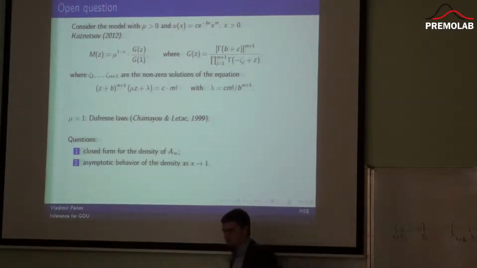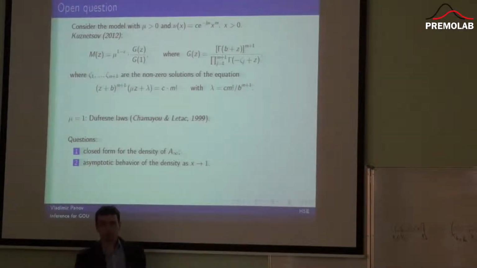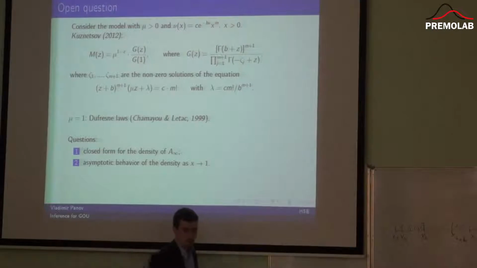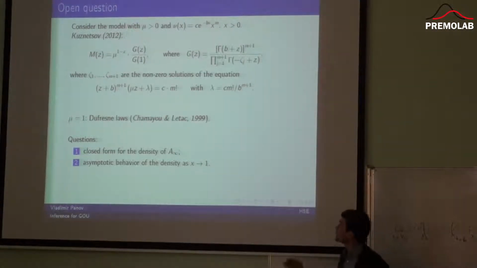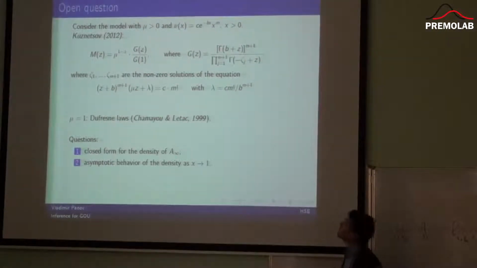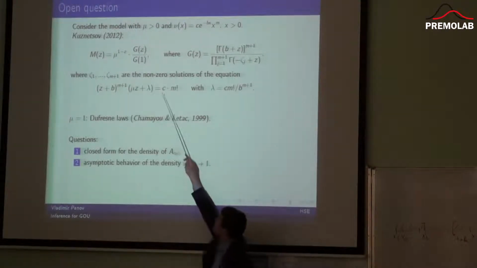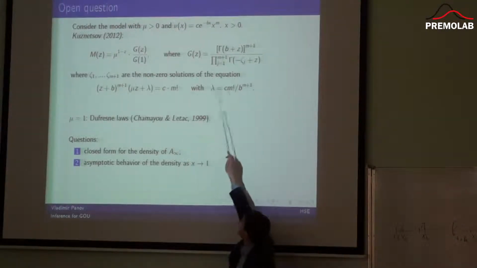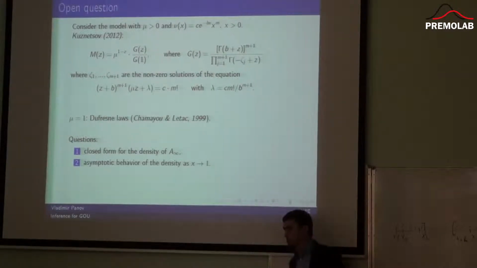This example works very well with our theory, but we're trying to know more about this model. What we can prove, and what is proved in the paper by Kuznetsov, is that the Mellin transform of the exponential functional for this model has the following form. Here j of x is this fraction, and gamma stands for the gamma function.